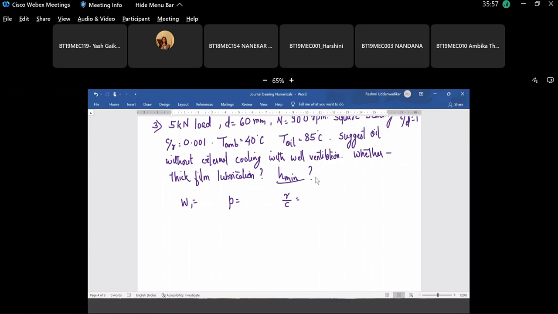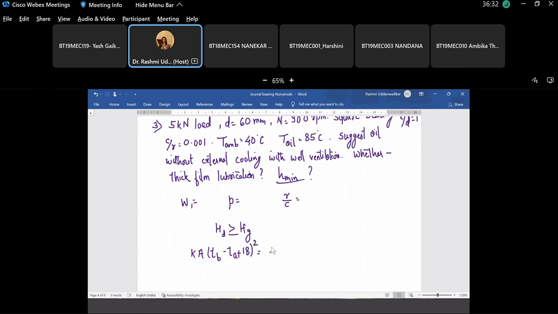So this is a condition which says that this can work with well ventilation. So we'll be using H dissipated greater than or equal to H generated. So heat dissipated is the value of K for well ventilation, area is L into D, temperature of bearing minus temperature of oil, ambient temperature plus 18 degrees.